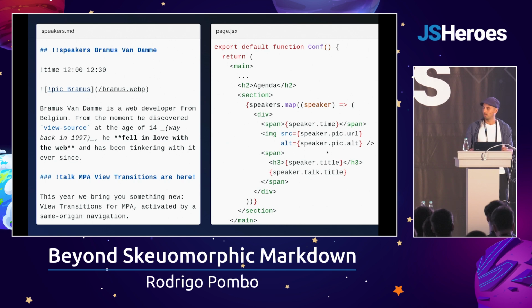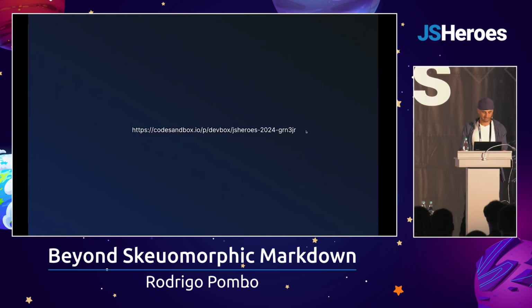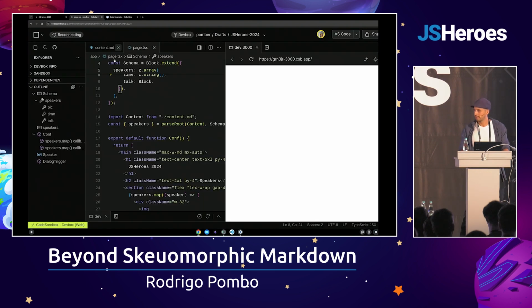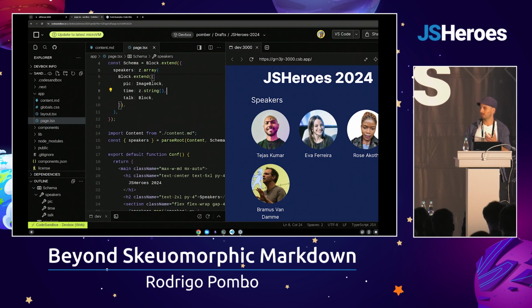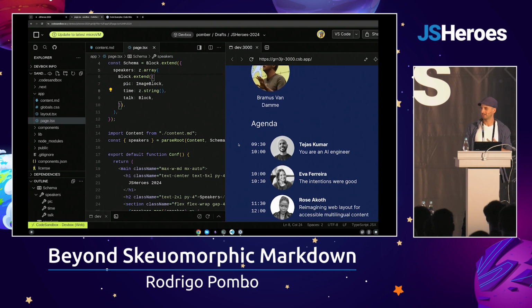And if we add a lot of class names with Tailwind, we should have a website. Let me see if this works. You can see it's a very big screen. Okay, yeah. So this is the code, and this is the website. It looks similar to the original.